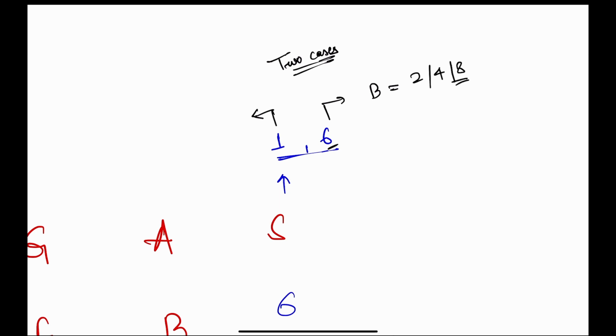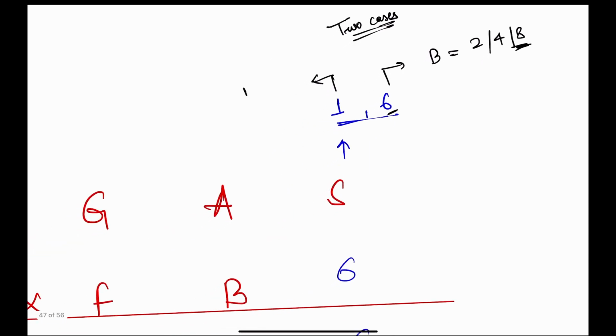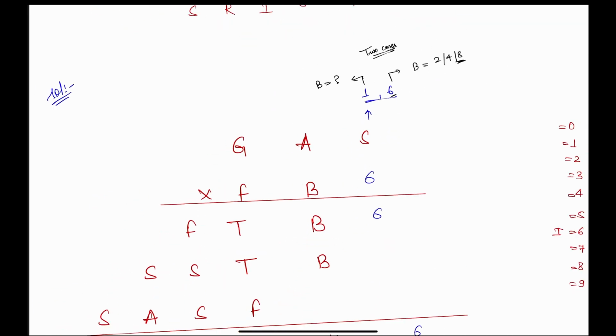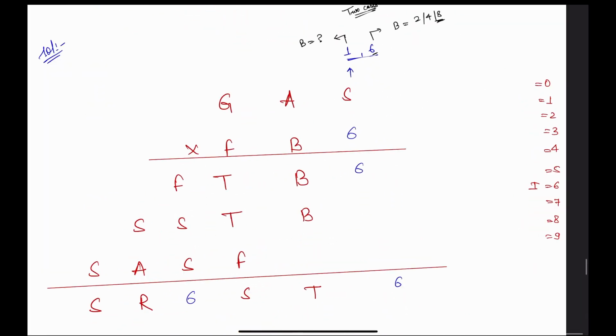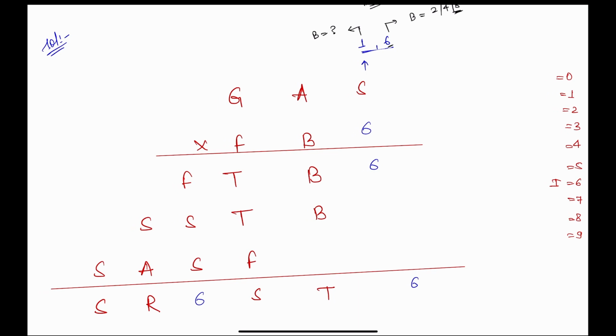If this is true, then only this is true. Let me tell you again, don't get confused. And if this is true, then B can be anything. We are not sure about B, because we already know B into 1 will always be equal to B. So that much we understood from this much of the question, whatever we have understood till now.